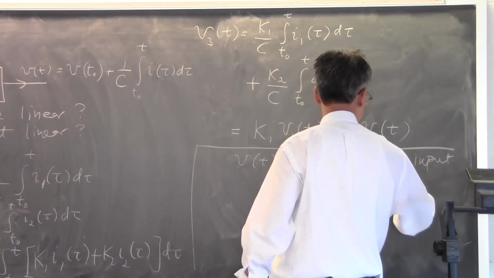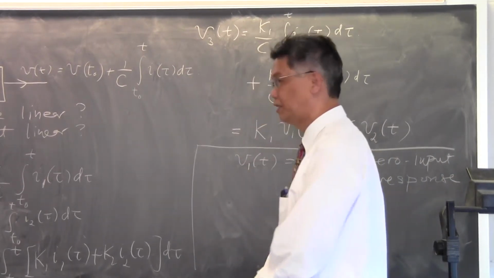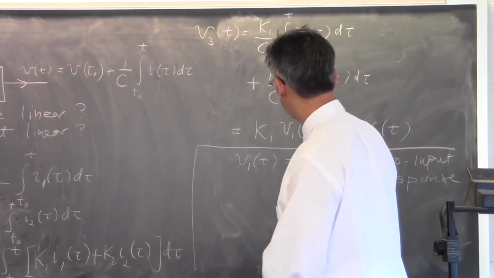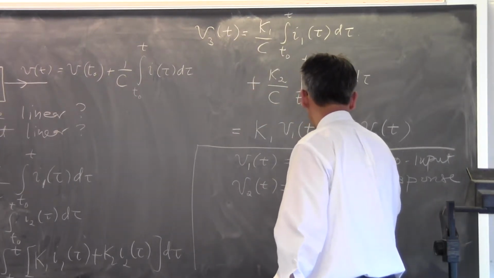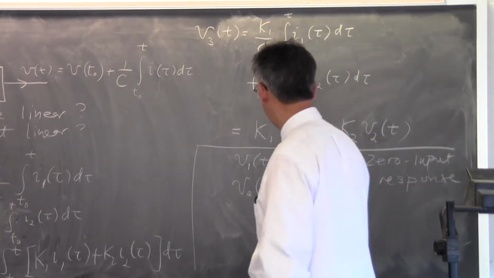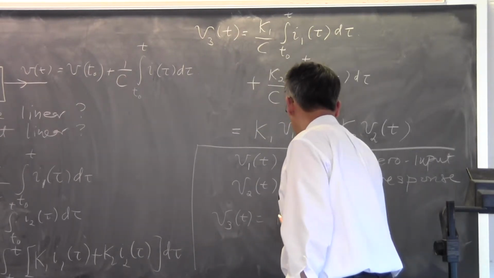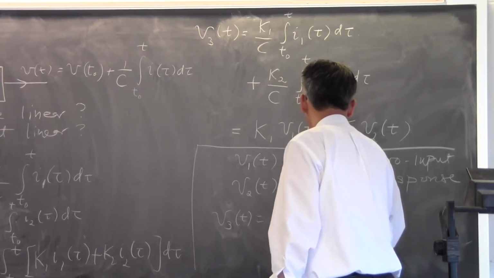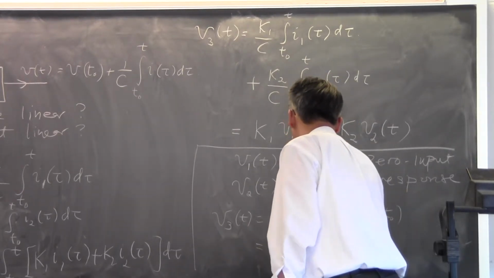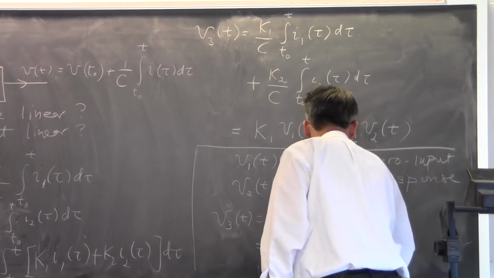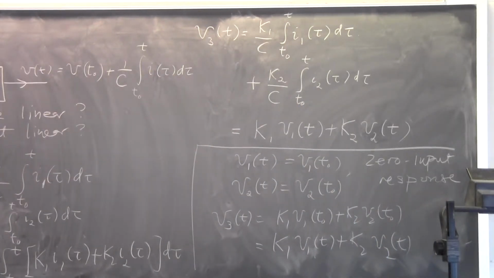Let me say that I put a signal v1(t0) in the first time, and then a second signal, v2(t0), the second time around. It's quite clear that v3(t), if I linearly superpose these two, is K1 v1(t0) plus K2 v2(t0). It's just a linear superposition of the previous two responses. This is a no-brainer. So this satisfies the linearity test. Bingo, it works again.